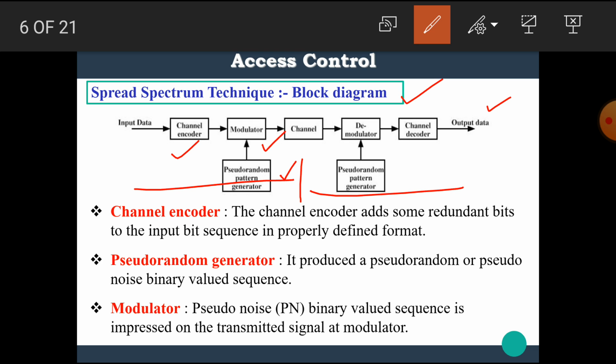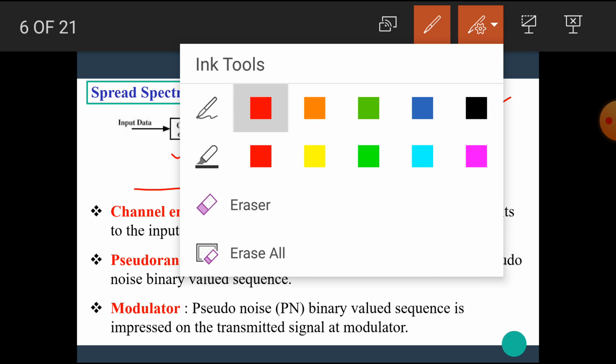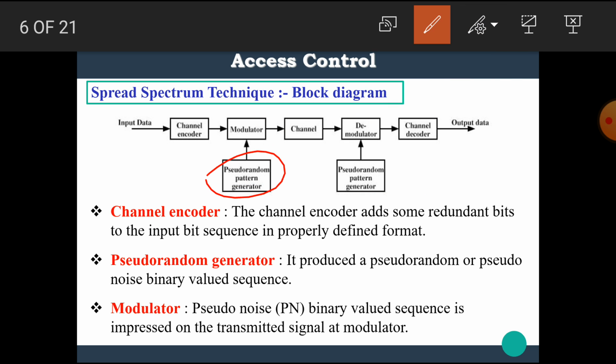In the receiver the opposite blocks are used. Here a modulator is used, hence in the receiver a demodulator is used, and a channel decoder is used, but the pseudo-random generator block is common in both transmitter and receiver. The only condition is that both must be synchronized with each other.